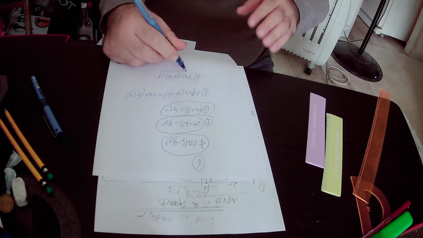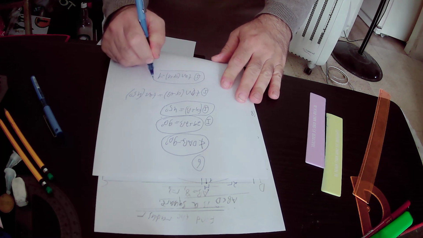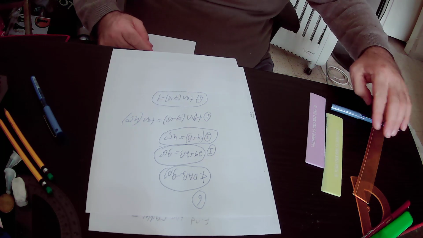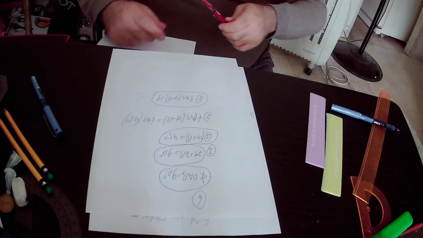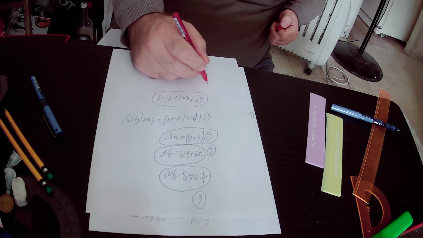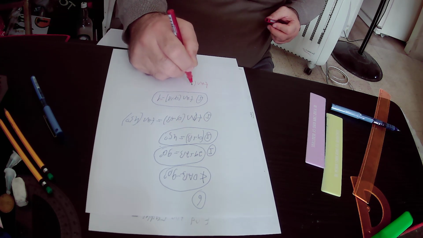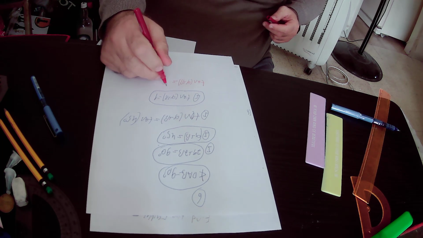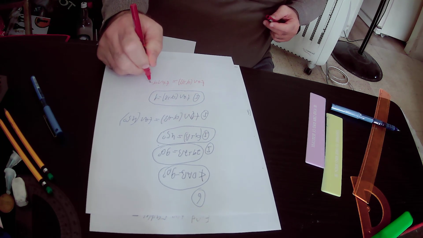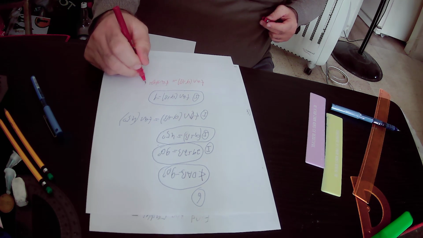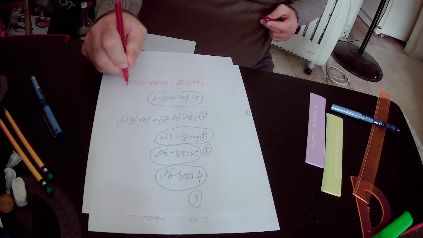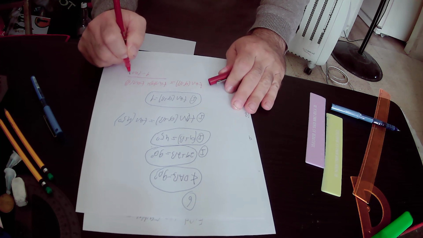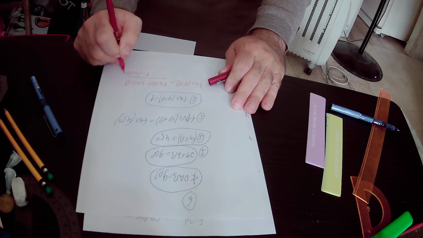But we also have a trigonometric identity for tangent of alpha plus beta. According to the following trigonometric identity, the value of tangent of alpha plus beta actually equals tangent alpha plus tangent beta over 1 minus tangent alpha times tangent beta.